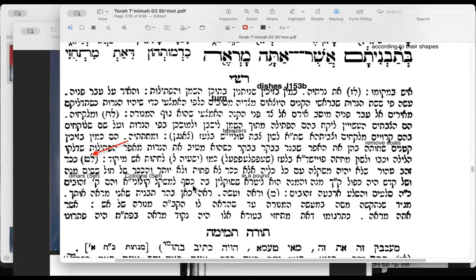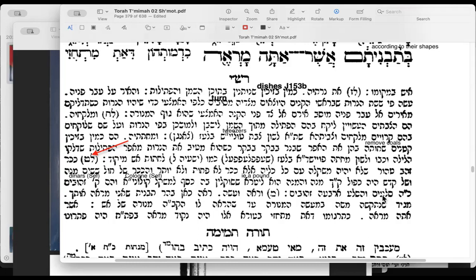They weigh out silver according to the weights of Cologne. And each maneh, remember, is 100 gold pieces. Those are dinars. That is 25 selas.